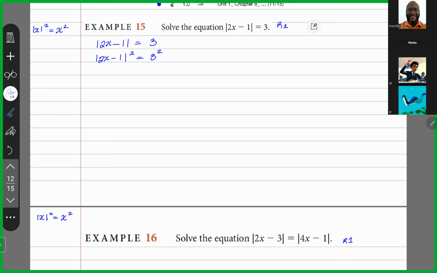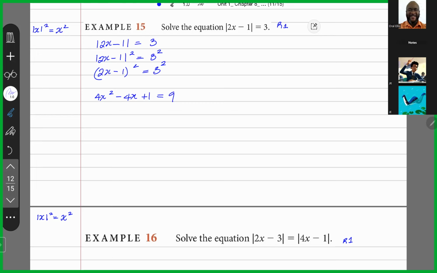The mod of 2x minus 1 squared is the same as saying 2x minus 1 squared is equal to 3 squared. Expanding the left, we have 4x squared minus 4x plus 1 is equal to 9.